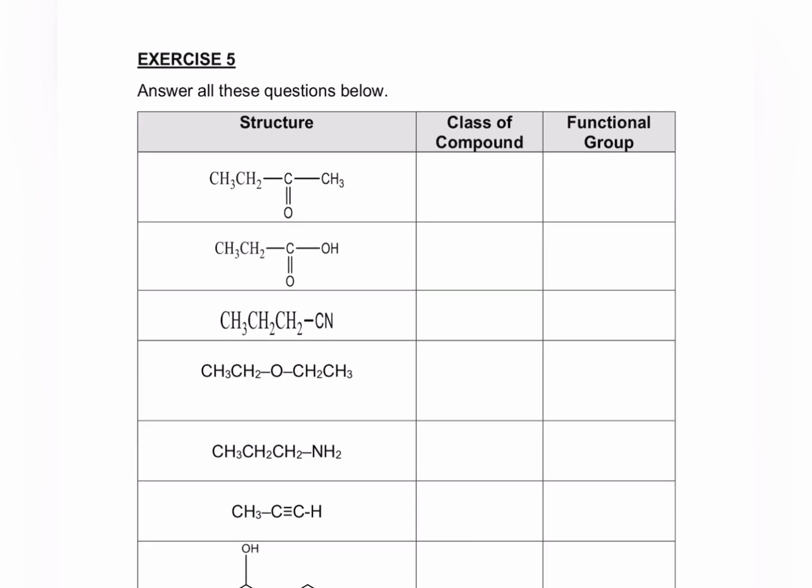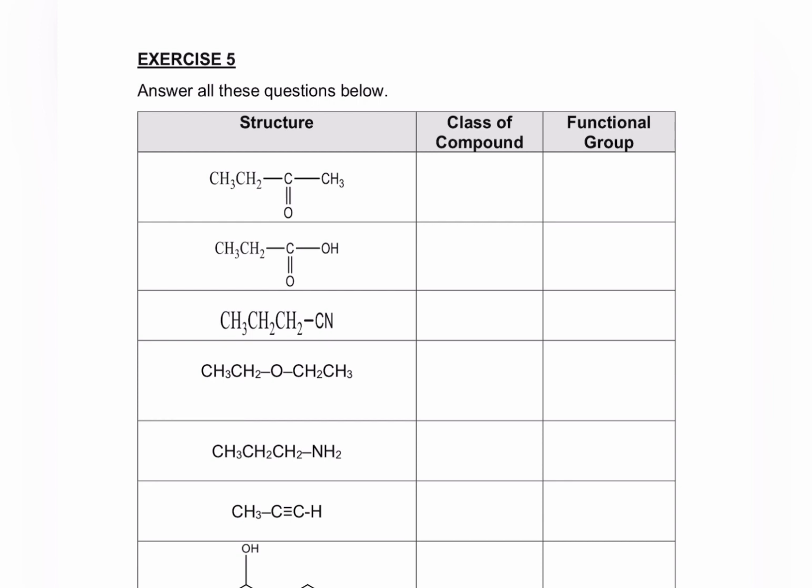So I hope you can memorize all classes of compounds together with their functional groups, so that when you attempt any exercises, you can straightaway detect what the functional group is and what the class of compound is. Let's try one example from exercise 5 together with me.